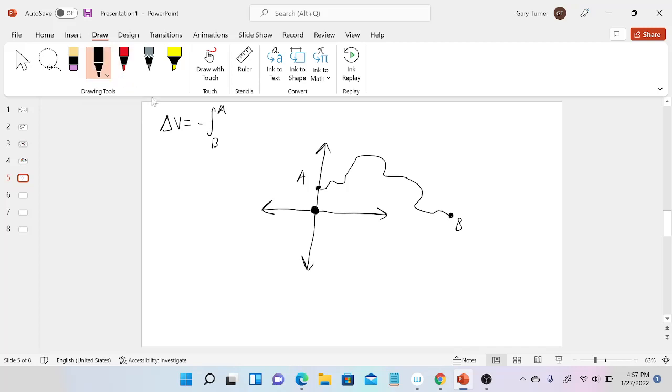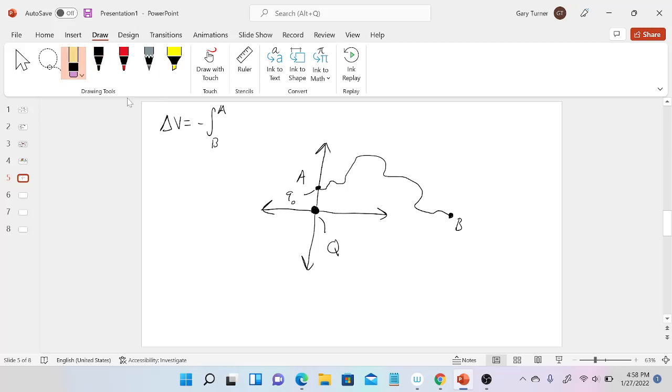Let's reverse. Let's start at A and go out to B because I actually have to push the test charge out. So if I let this be some charge Q and I let this be a test charge Q naught, let's start at A and I have to push this out to B.